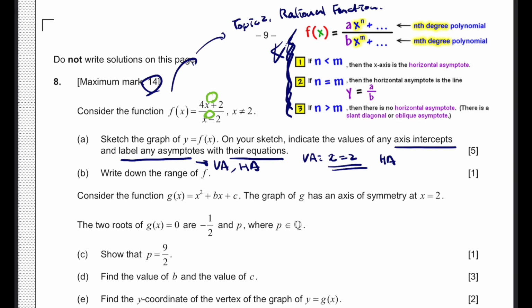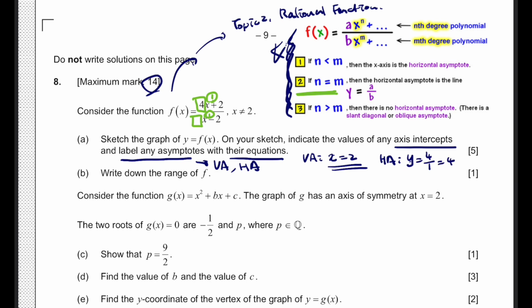Since they both have powers of 1, their powers are equal to each other, so we can use the rule where the horizontal asymptote is the coefficient of the first term of the numerator divided by the coefficient of the first term of the denominator. So the horizontal asymptote is y equals 4 divided by 1, or 4.